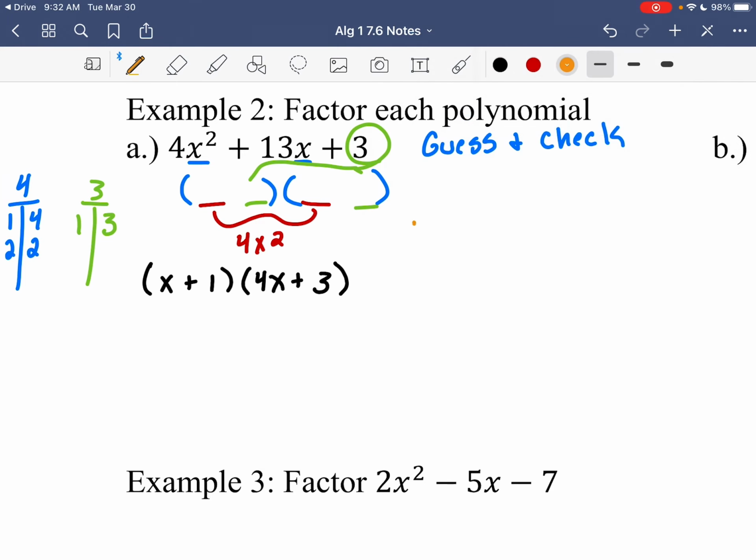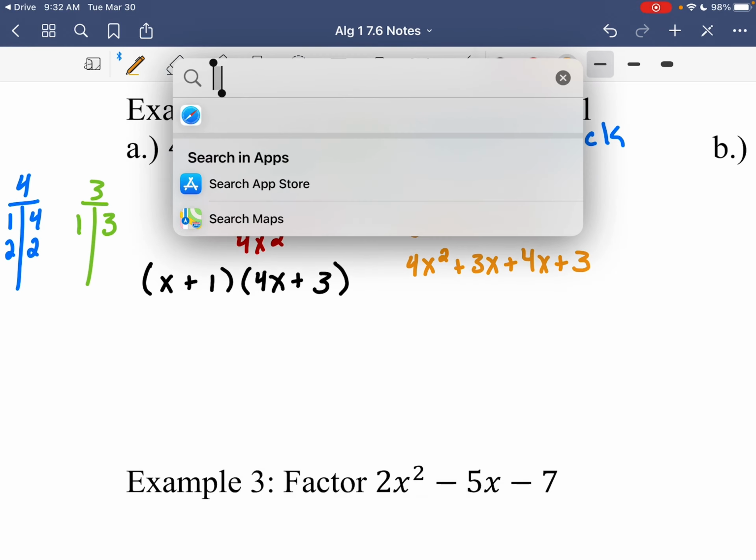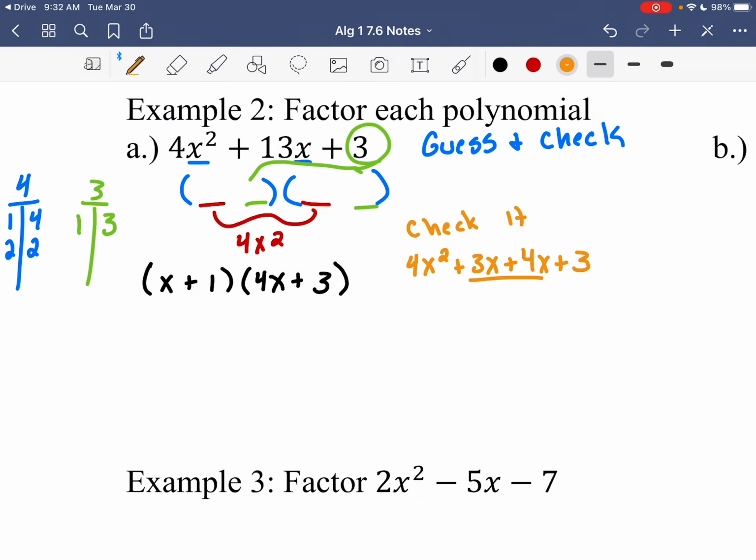We're going to see if it works, mainly distribute it out. So we'll have 4x squared plus 3x plus 4x plus 3. We want to check that middle term. That middle term, 3x plus 4x, got me 7x. So that one didn't work.